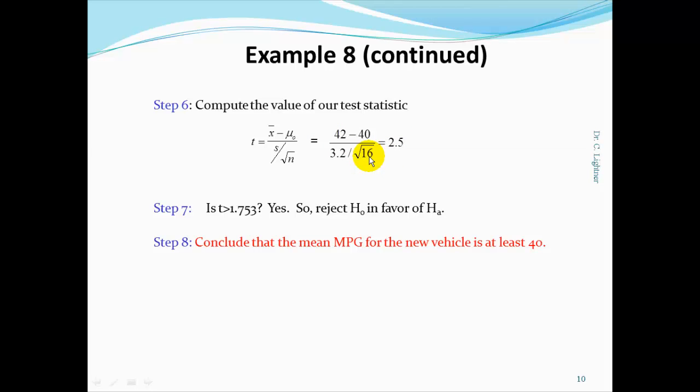If we do this, we will compute our test statistic as 2.5. In step 7, we're supposed to use the value of our test statistic and our rejection rule to decide if we should reject H0.